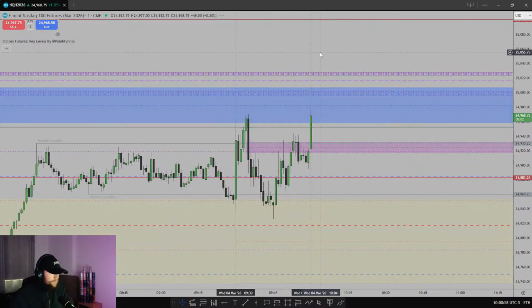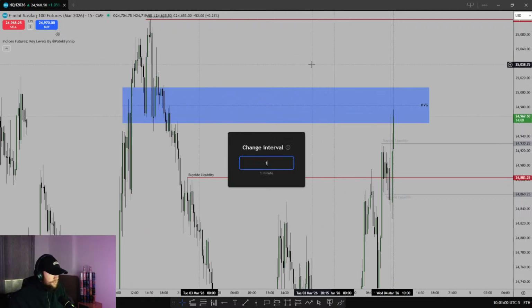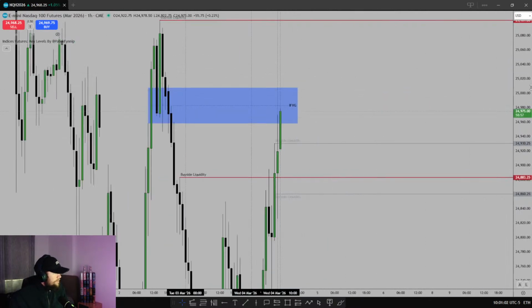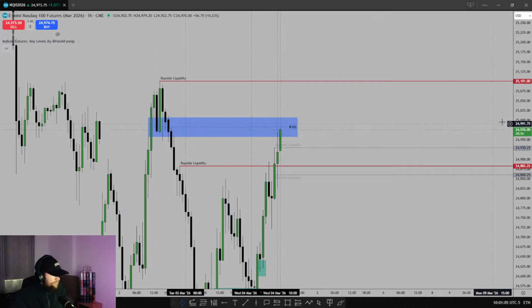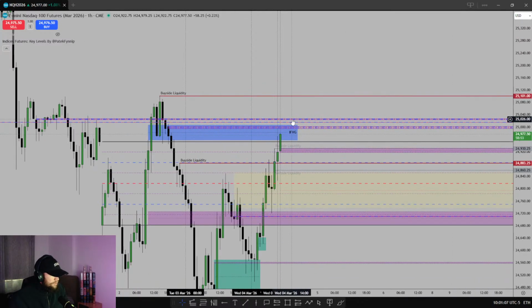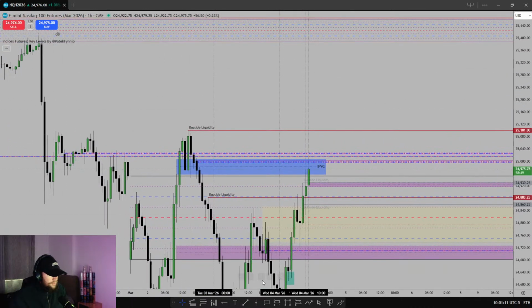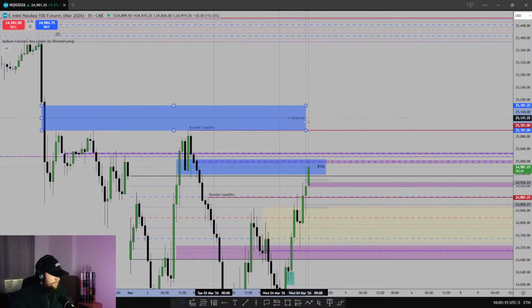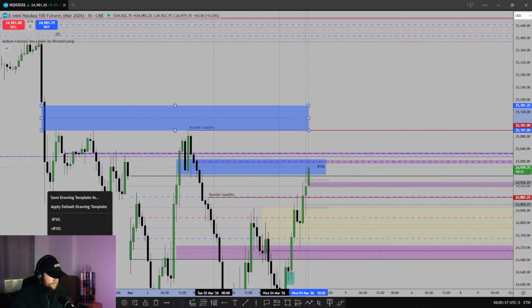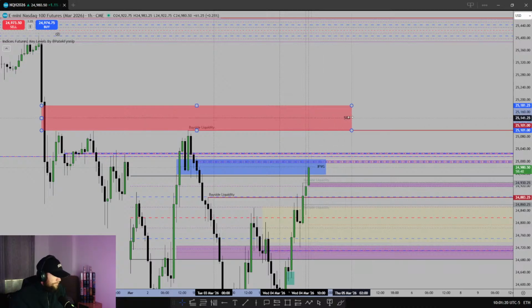That inversion fair value gap is on the 15. No, it's not. It's on the 1 hour. This one here. If you trade above that, I would like to see a draw up into the buy side here. And we have this CB here that's still open as a potential draw.